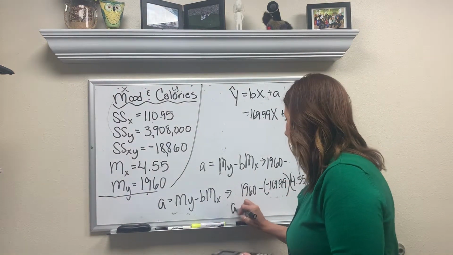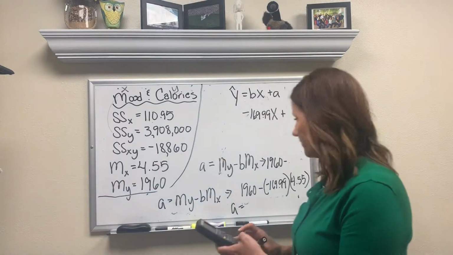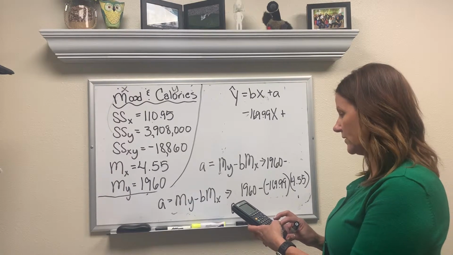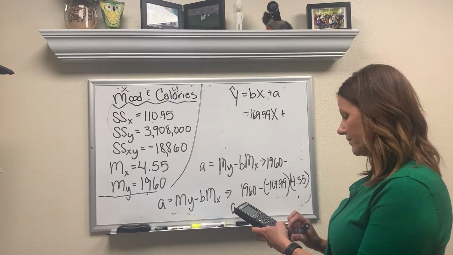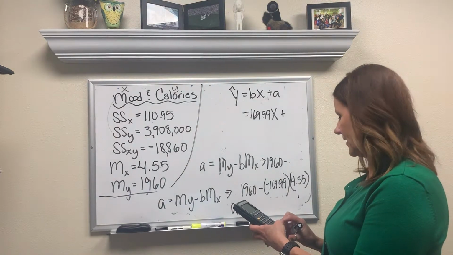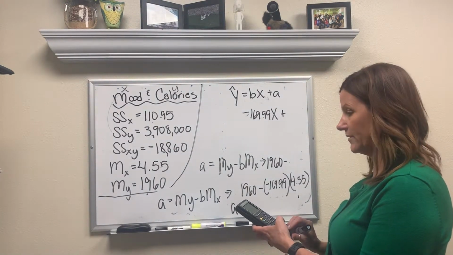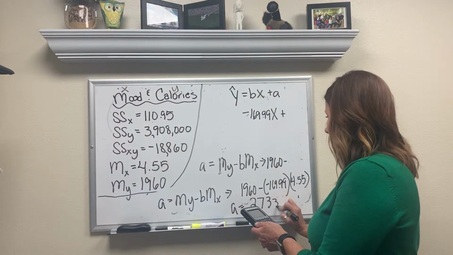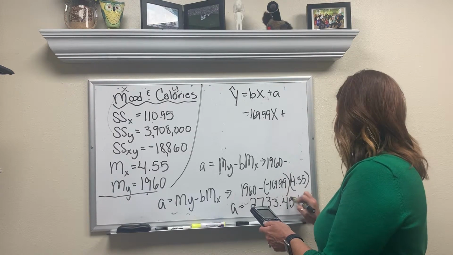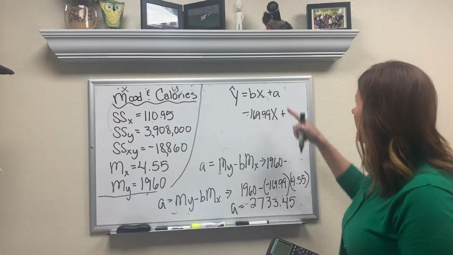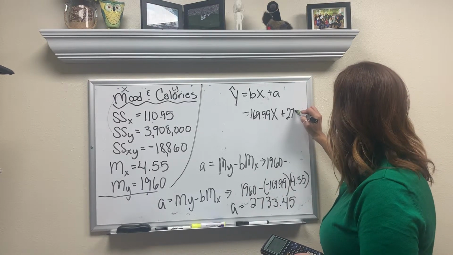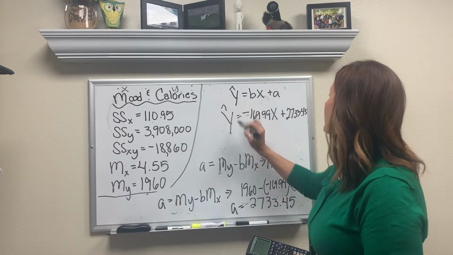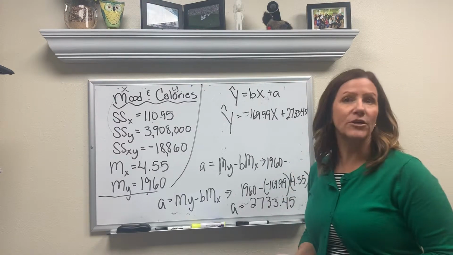So our constant, when we calculate that out, we have 1960 minus, and I put in my calculator parentheses, negative 169.99 times 4.55, and I close the parenthesis, and I end up with 2,733.45. And that's my constant. So that is ŷ equals negative 169.99x plus 2,733.45. I now have my regression line.